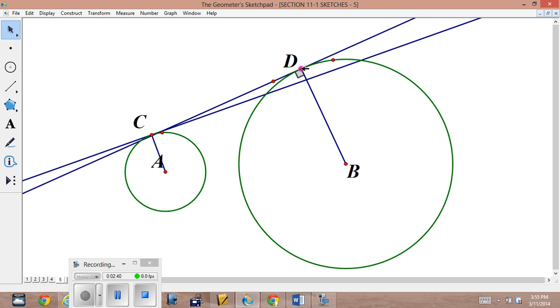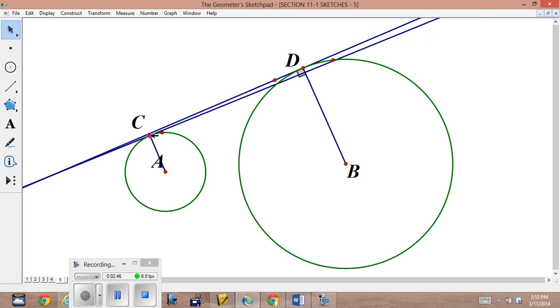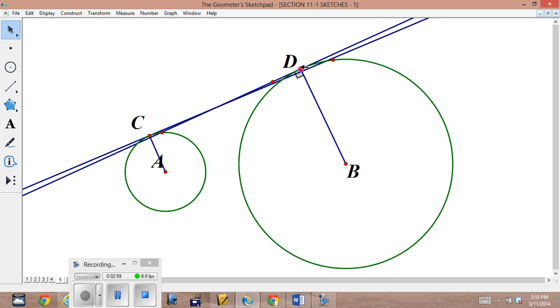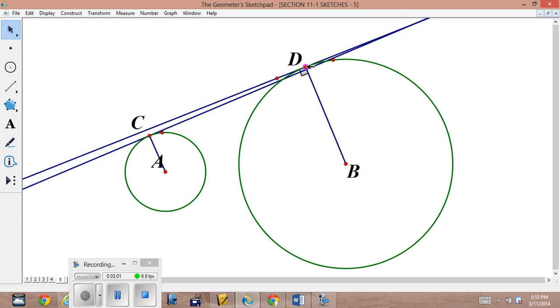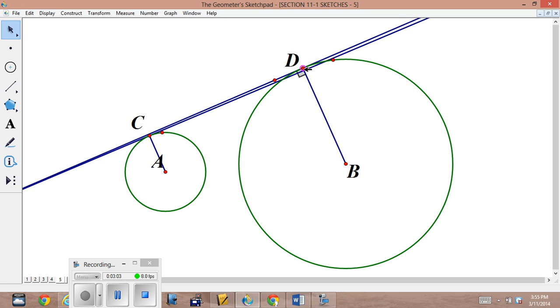That's the best thing we can do here to make that appear like a common tangent. It's going to take a little tweaking, and if I don't quite get it, then I'm not going to waste a whole lot of time with it. We're almost there. Let's say we're there for all intents and purposes.